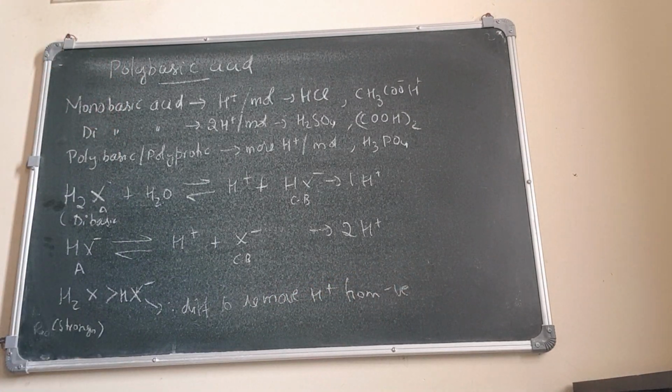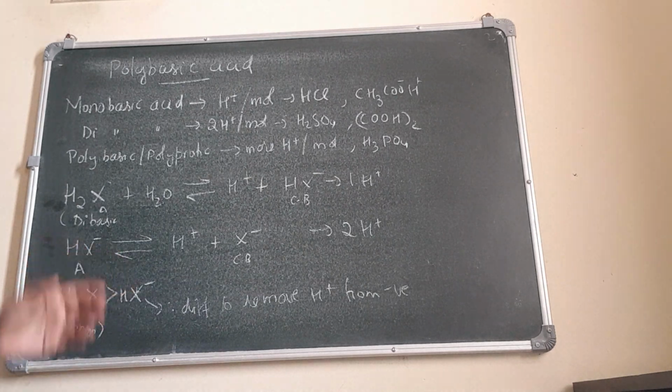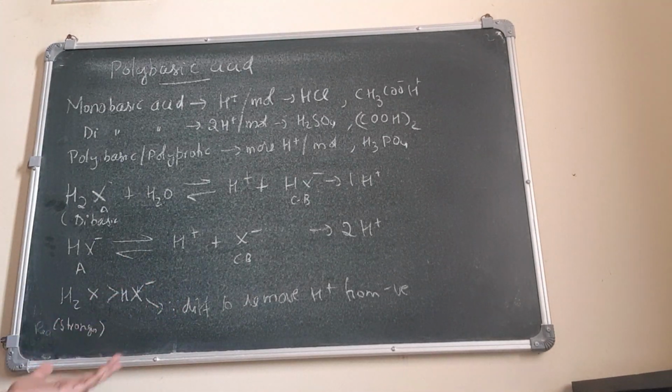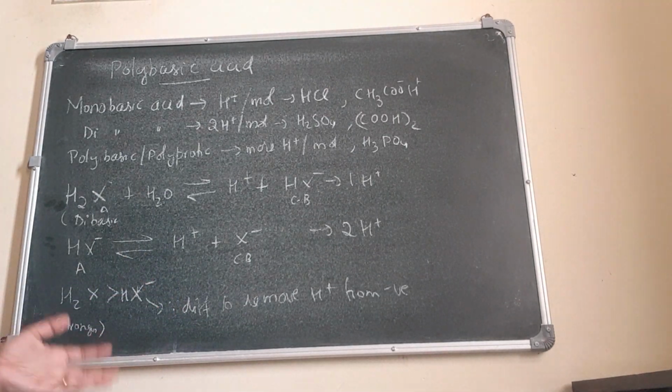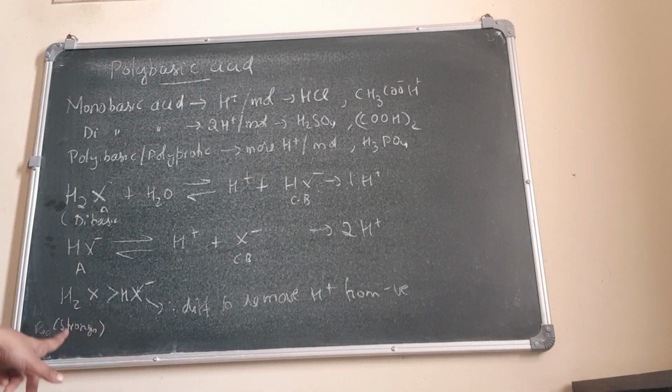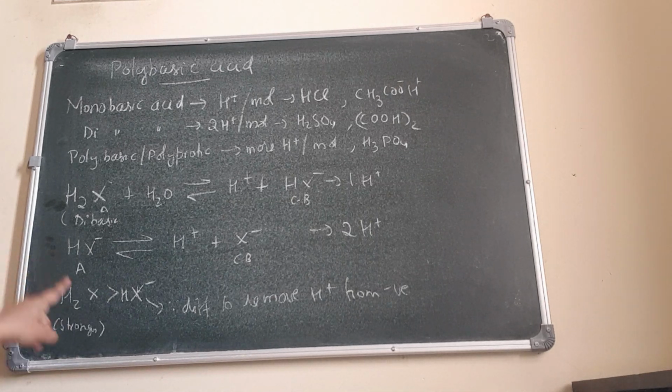What is the meaning of that? You already have a negative charge here. That means there are more electrons around the nucleus, correct? So it is difficult to remove H plus because it already has a negative charge. It is already having an imbalance, and that's the reason it is not easily giving you H plus. So that's why H2X is going to be the stronger acid.